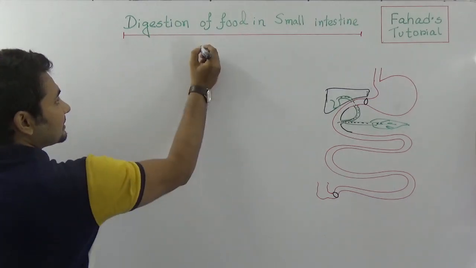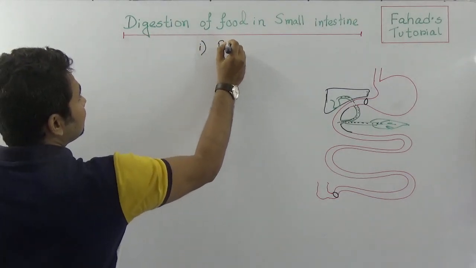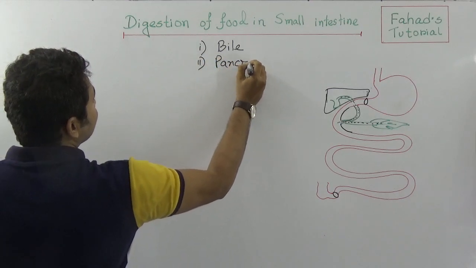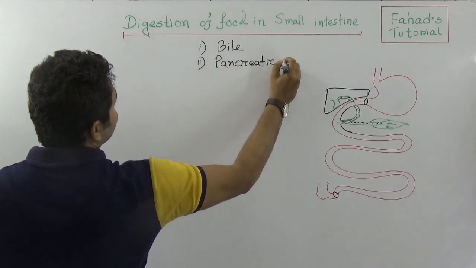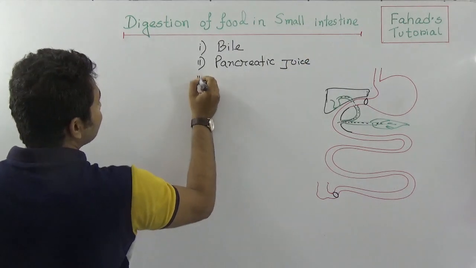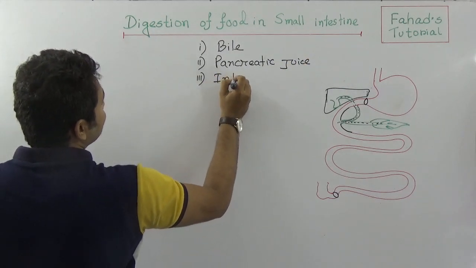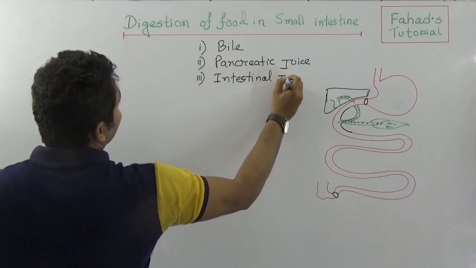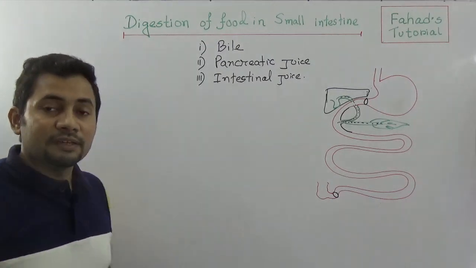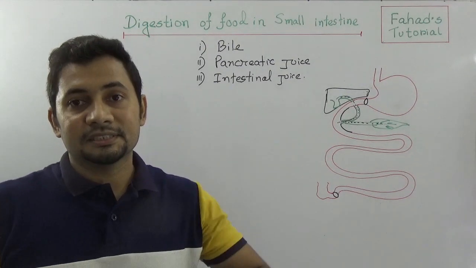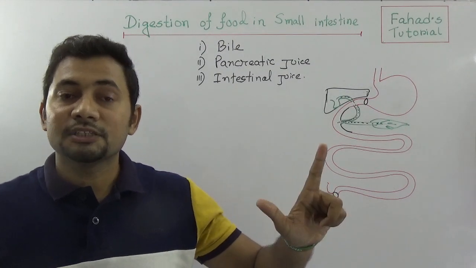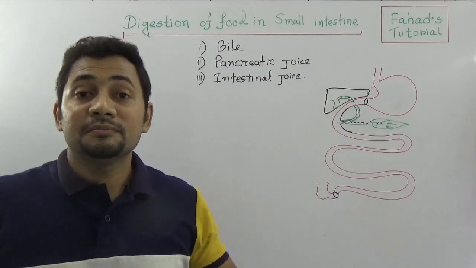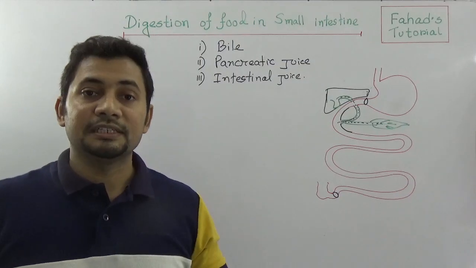There are three main chemical substances: bile, pancreatic juice and intestinal juice, which work together in the food digestion process in the small intestine.